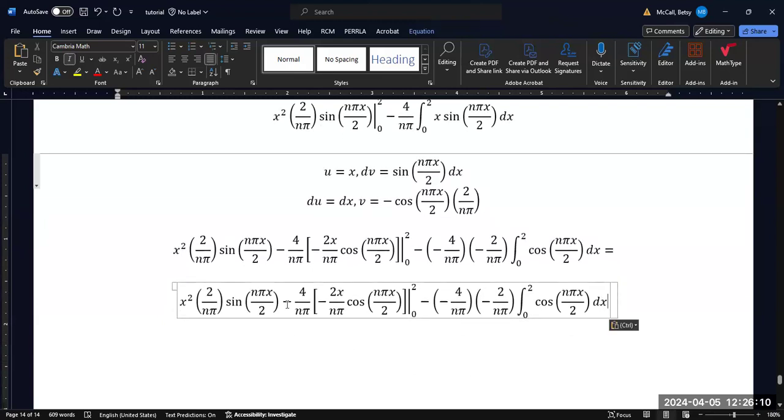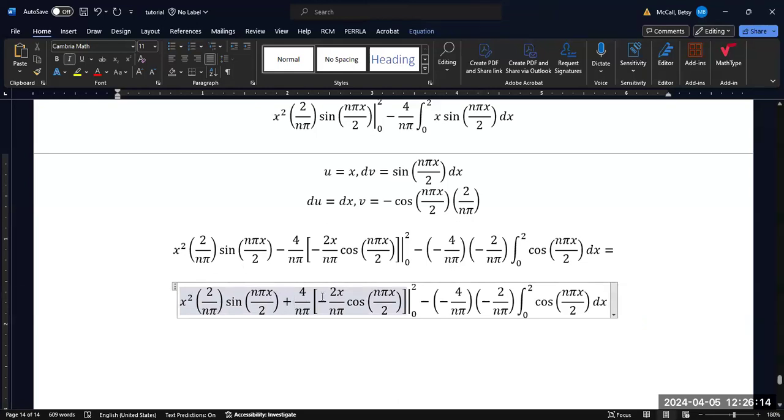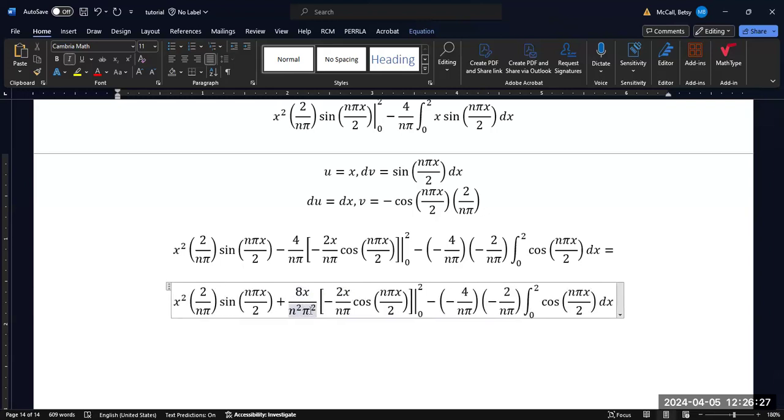So what's going to come out of here? Minus, minus, this is going to become a plus. And this is going to be 4 times 2, which is 8x, and then n squared pi squared and cosine.